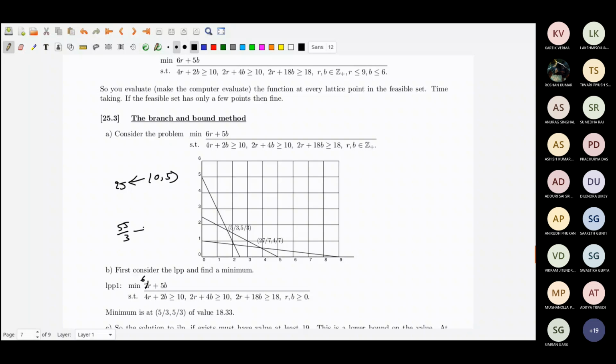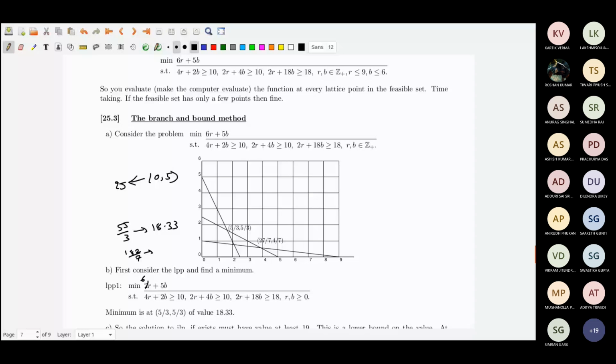So the minimum must be this one. What about this one? 6R plus 5B gives 142 by 7, that's 26.